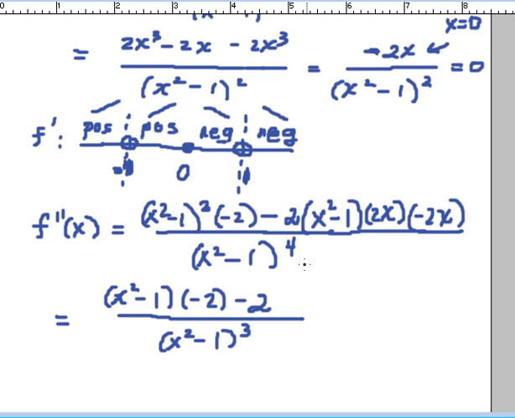Here this cancels right here, so we have 2 times 2x times minus 2x. All right, now how does that simplify in the numerator?